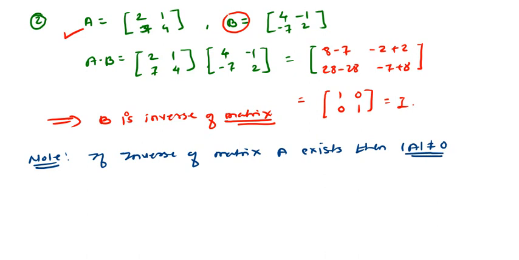That means if the inverse of the matrix exists, then the determinant of A will not be equal to 0, and vice versa. If the determinant of the matrix is not equal to 0, it also implies that the inverse of the matrix exists.